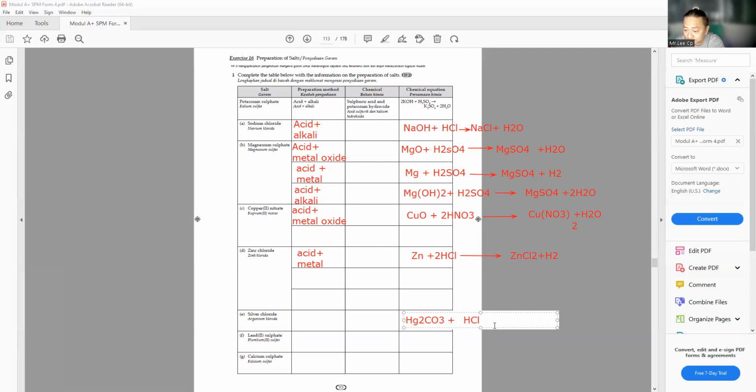You surely got carbon dioxide already. Hg is 1, Cl is 1, right? HgCl plus CO2 plus one more.